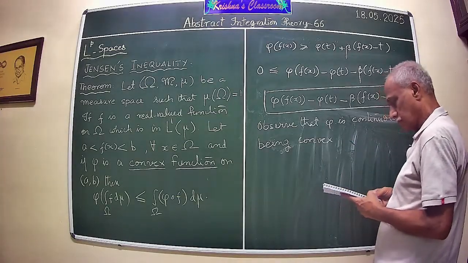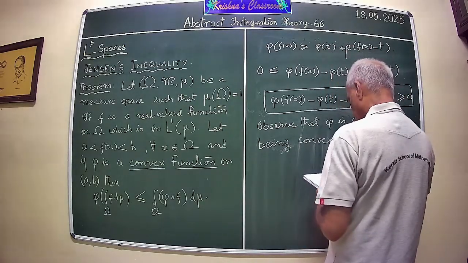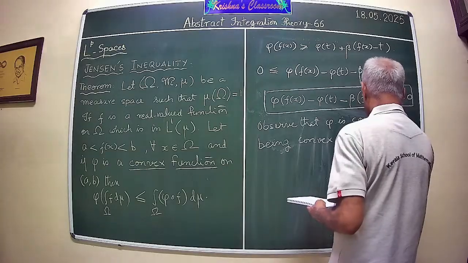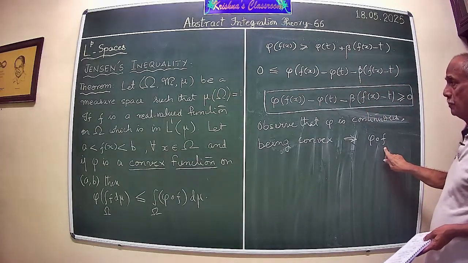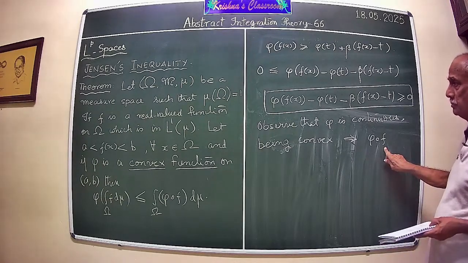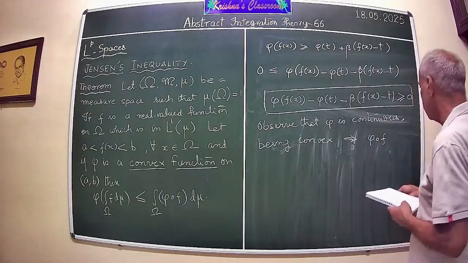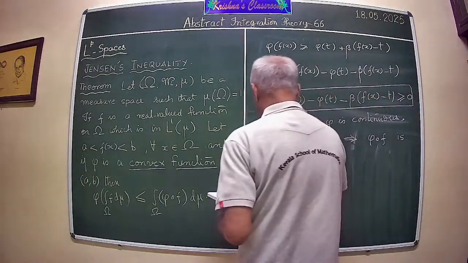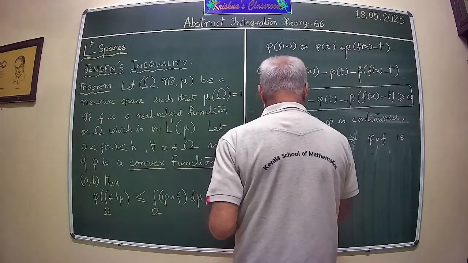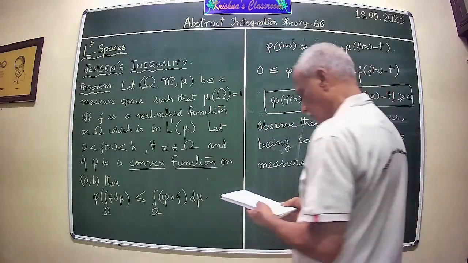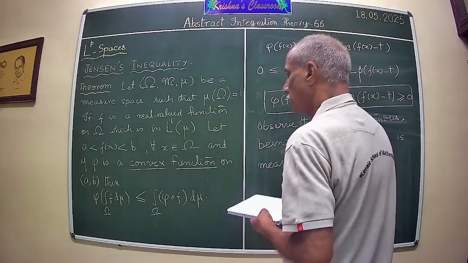And this implies you take phi composition f, a measurable function with a continuous function. So this is measurable. Therefore, you can integrate this above inequality over omega.